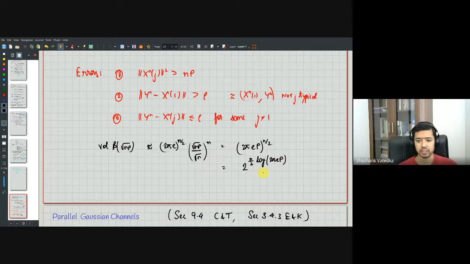I've done nothing else except saying that 2 pi e p is equal to 2 to the log of 2 pi e p. Is this something that you recognize? Have you seen this? What does this look like?